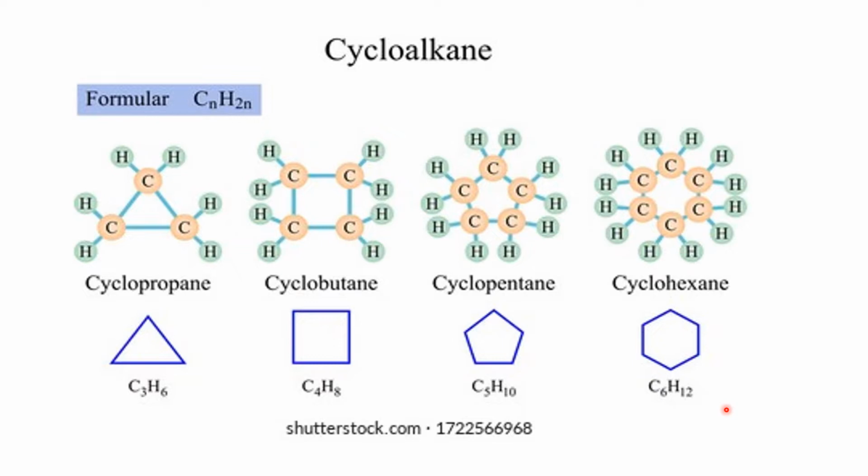That means these molecules have some strain in their ring structure. From 109 degree 28 minutes, the bond angles are decreased. Hence, these molecules are less stable compared to alkanes, open chain compounds.